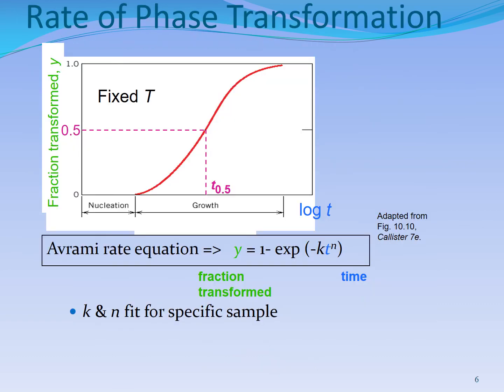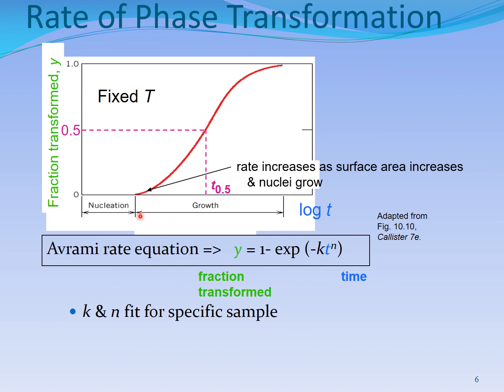So, rate of phase transformation, the same diagram, again the fractional transformation, and here the time, at fixed capital T, so at one temperature only. So the Avrami equation, isn't it, that y is 1 minus exponent of minus k t to the n. So how much fraction has been converted?